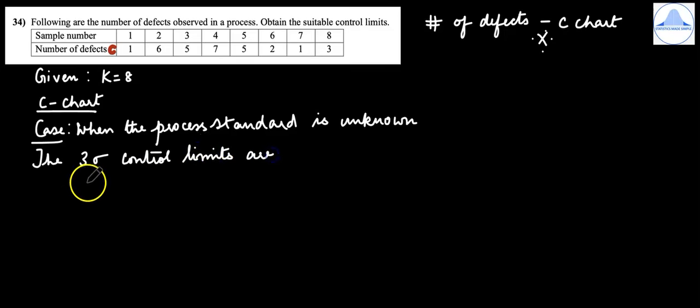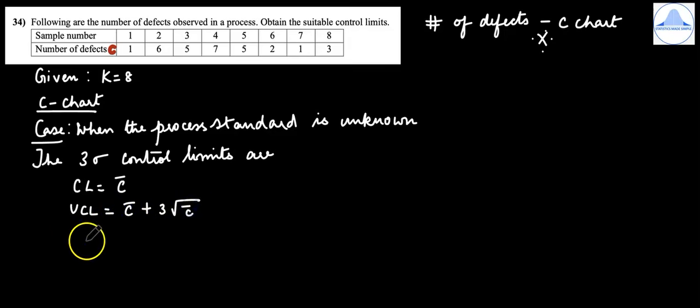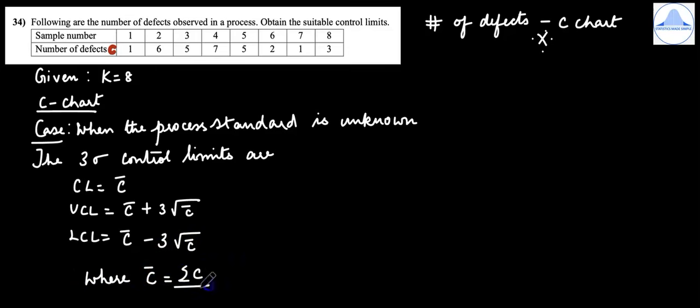are. So CL is equal to C bar, UCL is equal to C bar plus 3 times root C bar, LCL is equal to C bar minus 3 times root C bar, where C bar is equal to summation C divided by K. Now in the table, the C values are given, that is the number of defects.